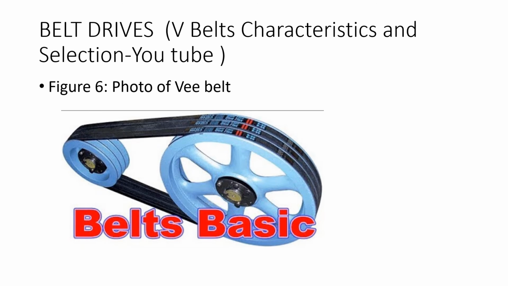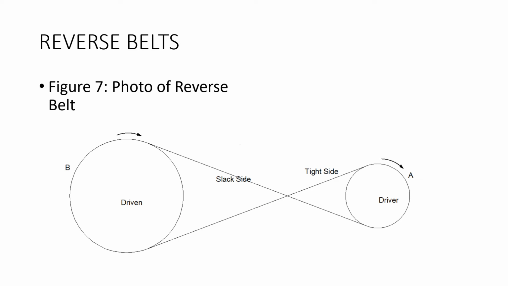And this is another type of pulley, which is called a V pulley because it is V-shaped. There is a V belt, you can see the belt here. You can also have the belts put in reverse, as you can see here. You can drive a shaft by interchanging the belts.